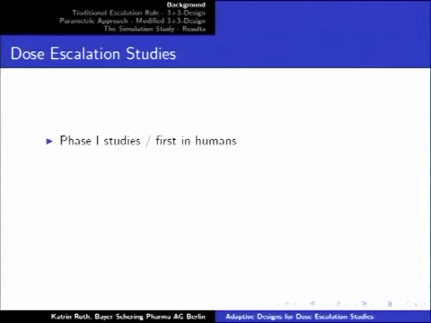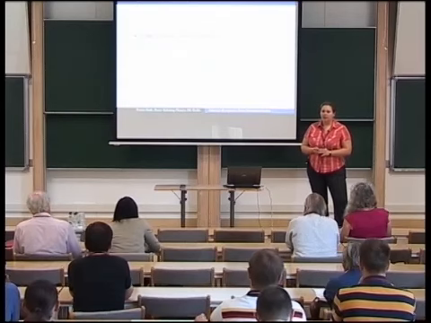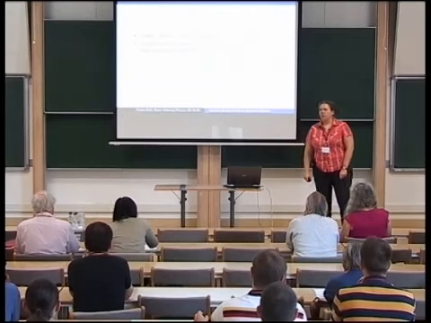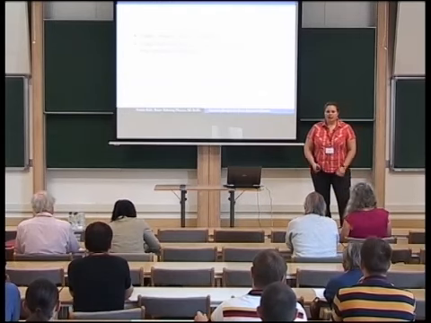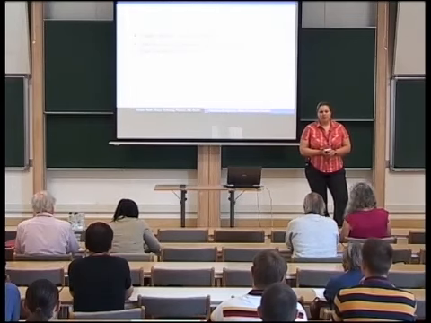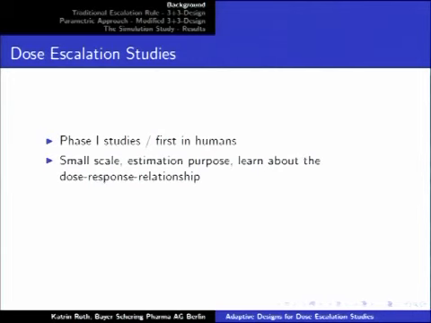They are medical studies conducted in humans, and they are among the first studies that are conducted in humans. So typically they are small scale, means very few patients are included, and we want to estimate, not test, and we want to learn about the dose-response relationship.